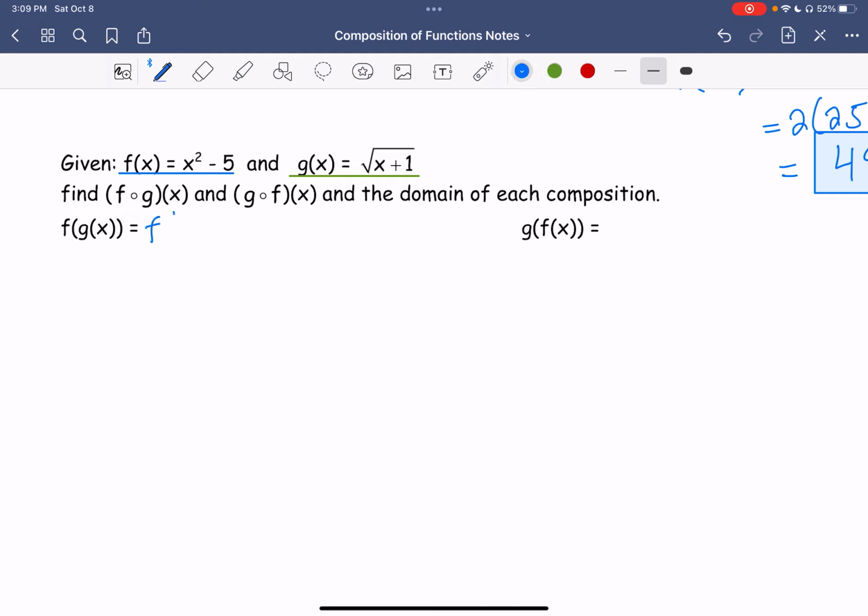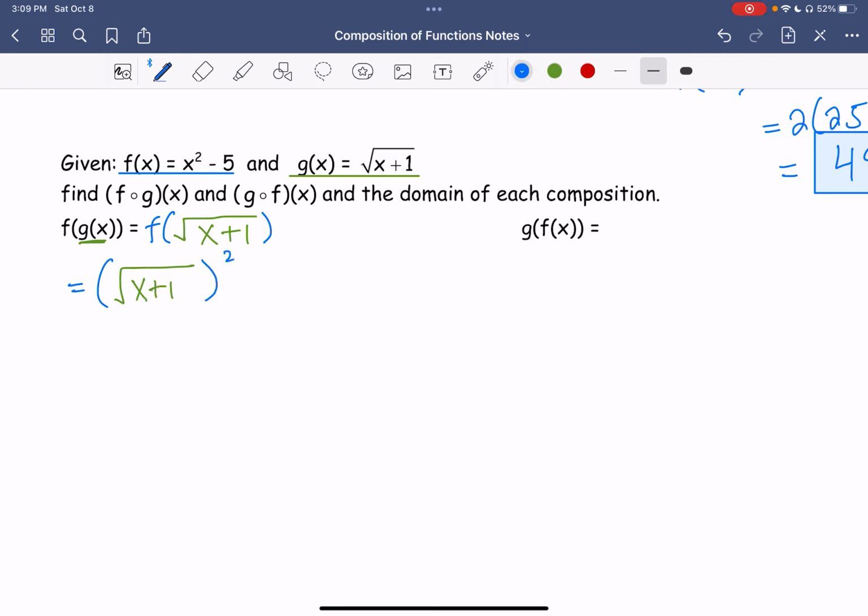So I'll start by writing the equation of g, since g is on the inside. So I'll do the square root of x plus 1 inside of f. So again, it's usually f of x. So that means that all of this is going to go into the x value of f. And make sure you're using parentheses.